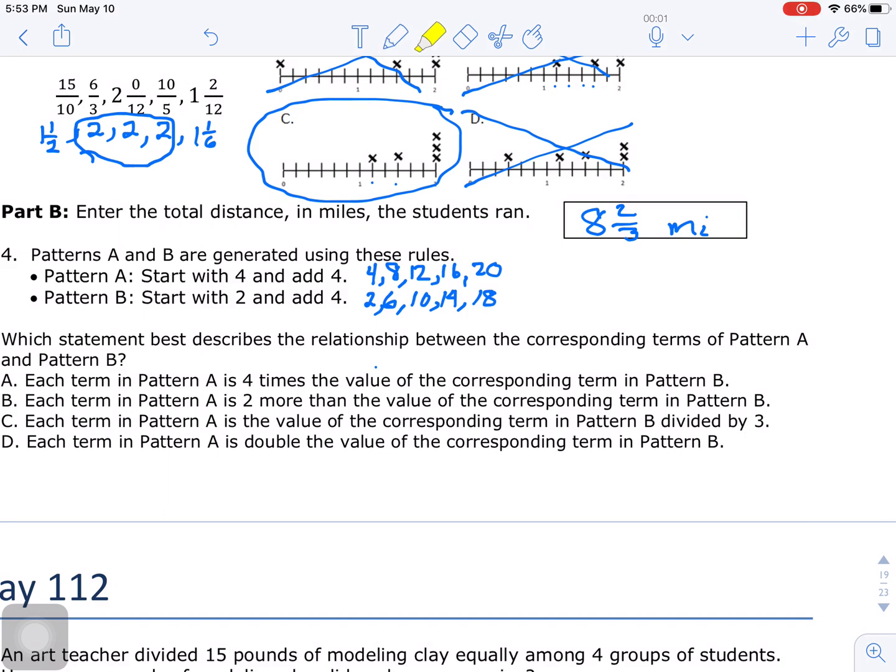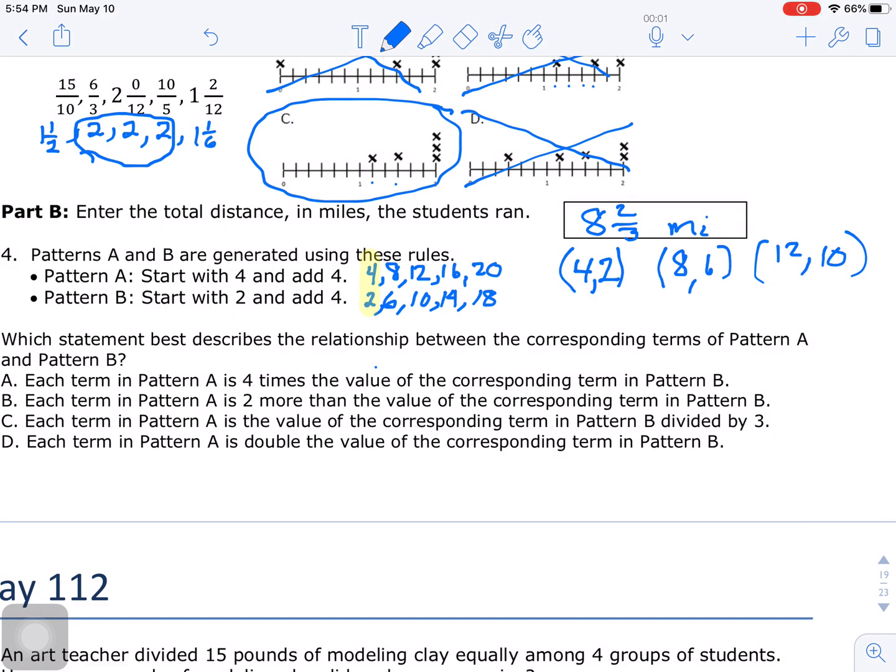And when we talk about corresponding patterns, 4 and 2 are corresponding. So if we wrote that as an ordered pair, pattern A would go first, and it'd be 4, 2. And then the next corresponding pair would be 8 and 6. And then 12 and 10, and so on and so forth.